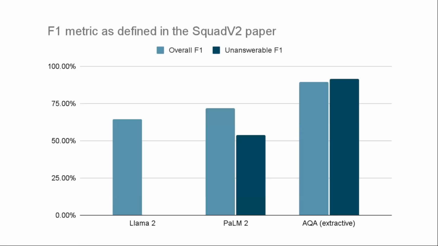And to further illustrate how the AQA model solves or counters the I don't know problem, we look at the evaluation of F1 metrics as defined in the Squad V2 paper. The Squad V2 dataset is the Stanford question answering dataset that is used in a lot of research to look at the quality of question answering.